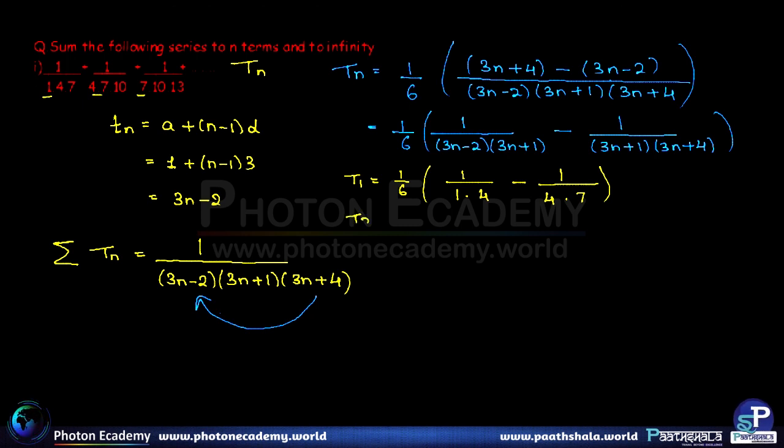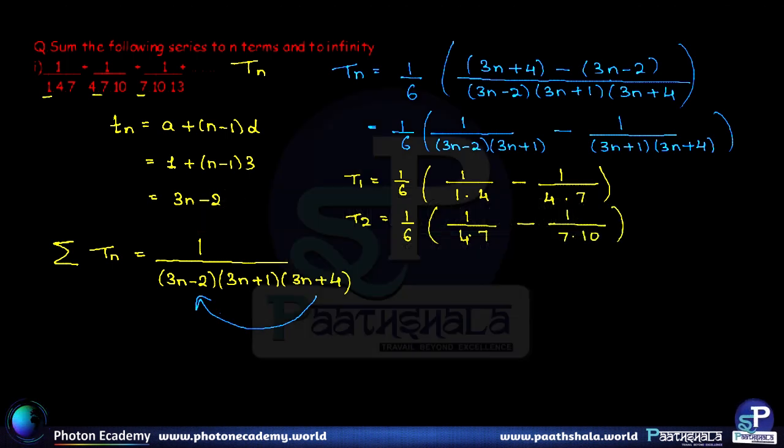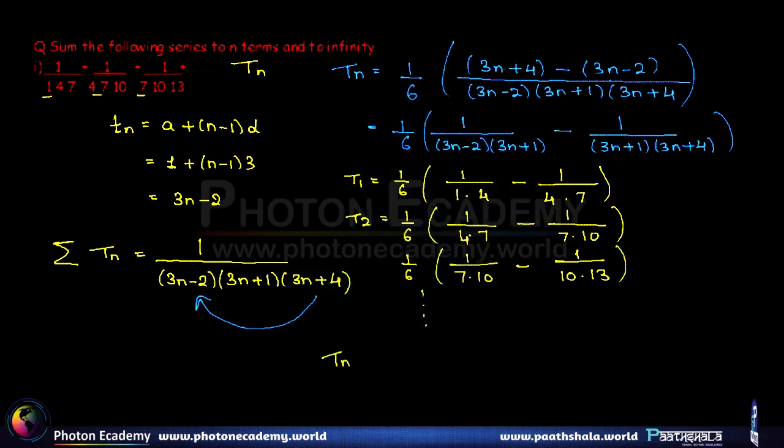Then for T2, we have 1 by 6, 1 upon 4 into 7 minus 1 upon 7 into 10. Then for T3, we have 1 by 6, 1 upon 7 into 10 minus 1 upon 10 into 13, and this will go on till Tn, we have 1 upon 6, and Tn will be the same as this, right?